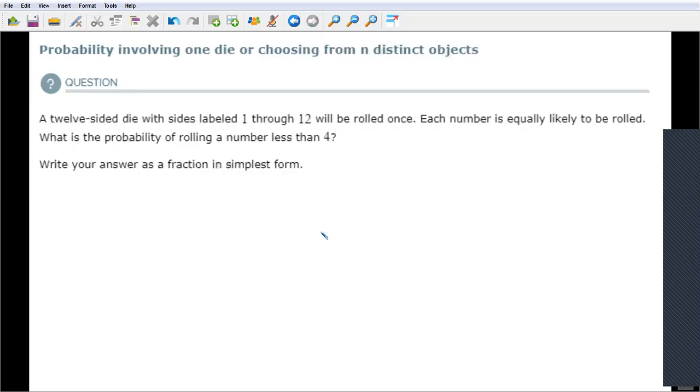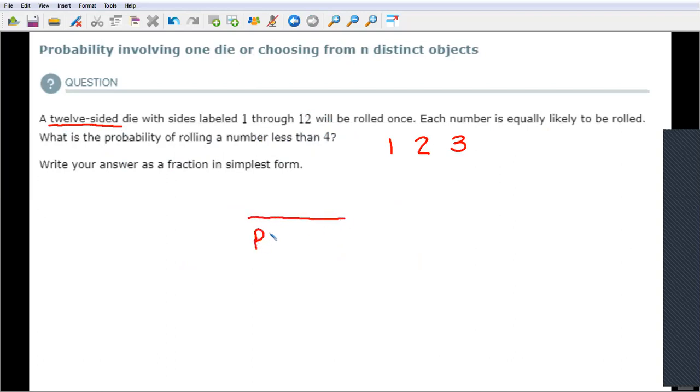So I've got one more left here for you. Now we have a 12-sided die. You don't see a lot of those around, but we have numbers 1 through 12. Each number is equally likely to be rolled. What is the probability of rolling a number less than 4? So if you have 1 through 12, the 3 possibilities that are less than 4 are 1, 2, and 3.